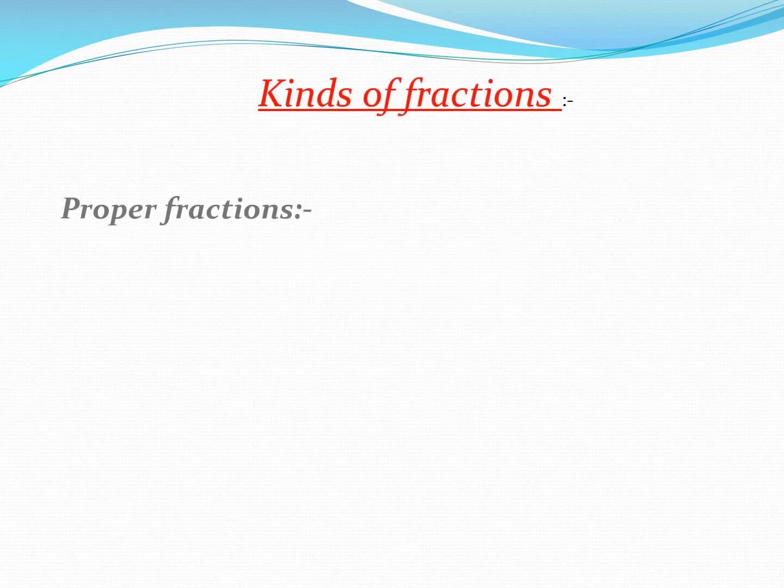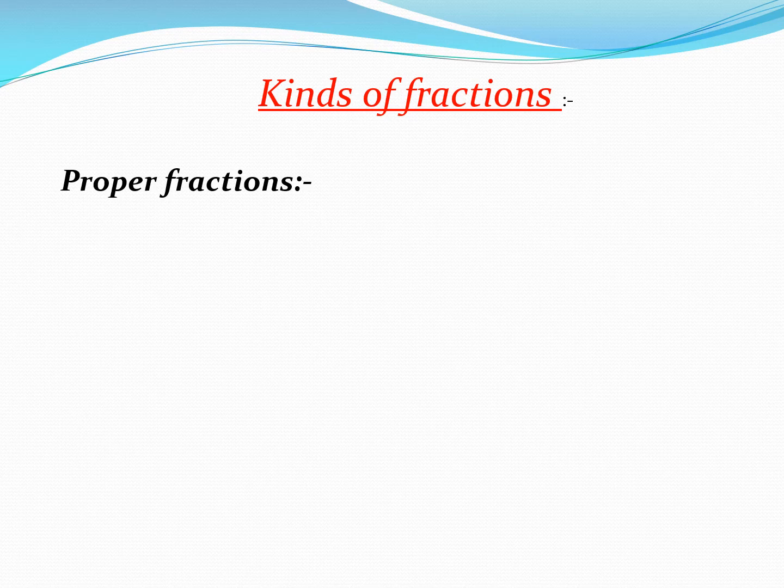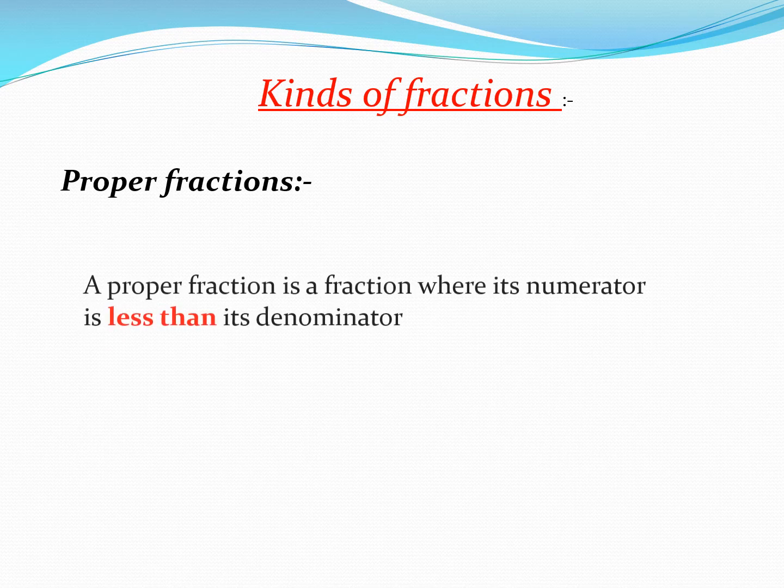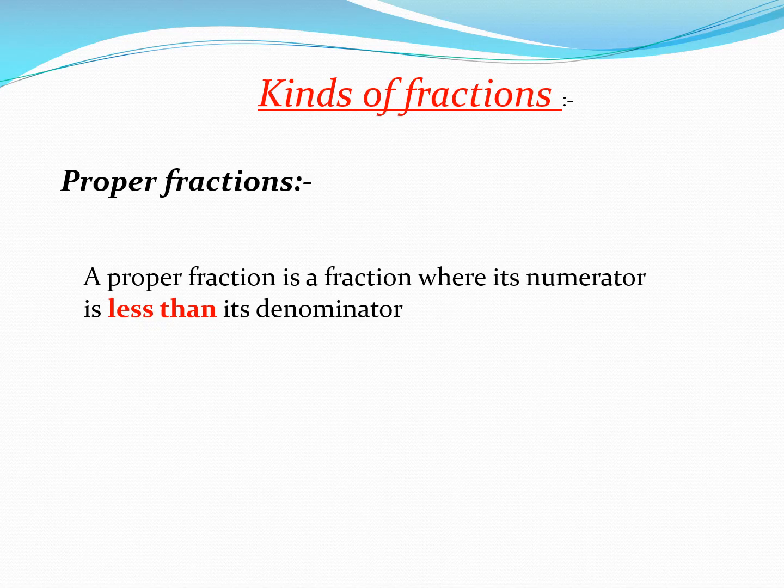We have three kinds of fractions. The first one is the proper fraction. What's the meaning of a proper fraction? A proper fraction is a fraction where its numerator is less than its denominator.